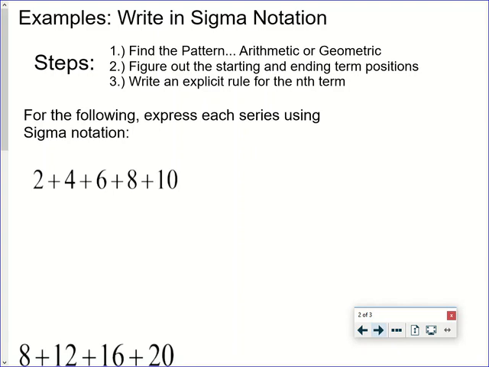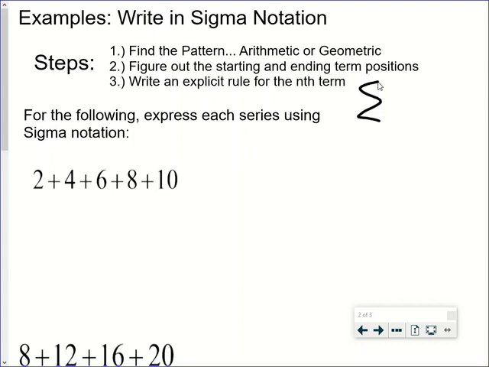So whether it's starting at 1 going to 7 or 1 and going to 4, just seeing how long your sequence is. And then step 3, you're going to write your explicit rule for the nth term.